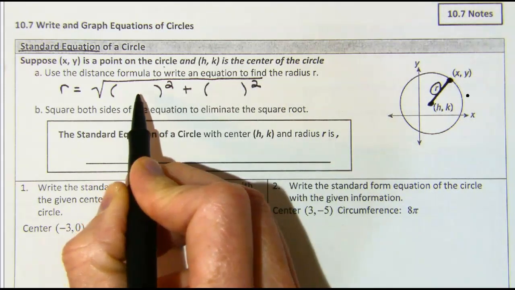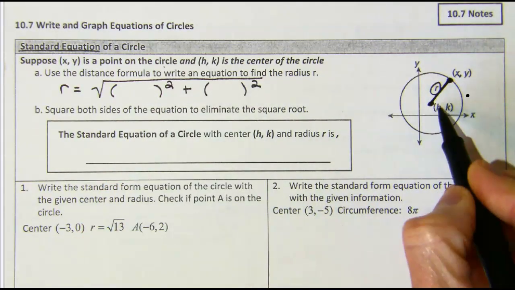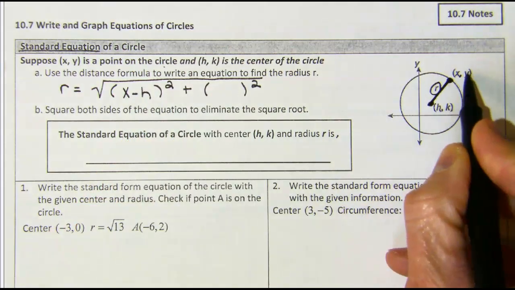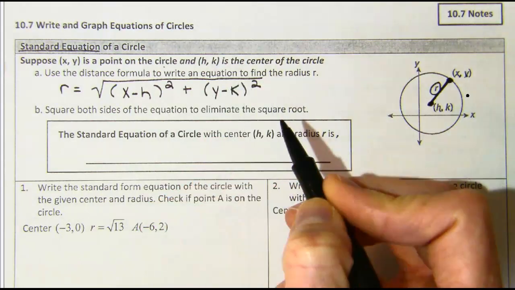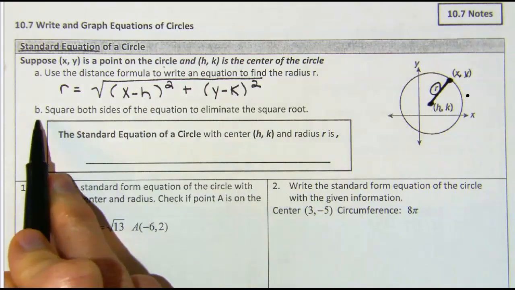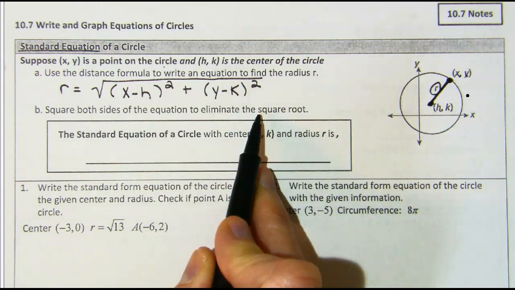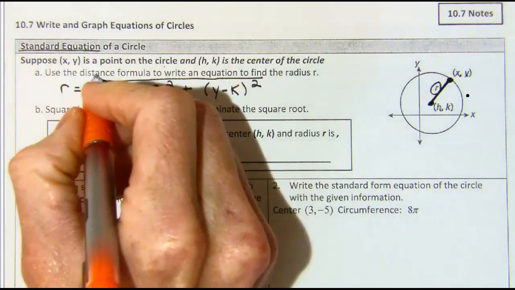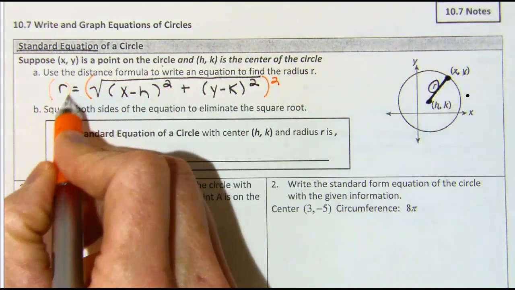Now, the x coordinates will always be subtract. So for this, it's going to be x subtract h. And for the y coordinates, it'll be y subtract k. Okay, so that is the distance formula to find the radius. But B says square both sides of the equation to eliminate the square root. So in order to do that, if I square this side, I must also square this side.